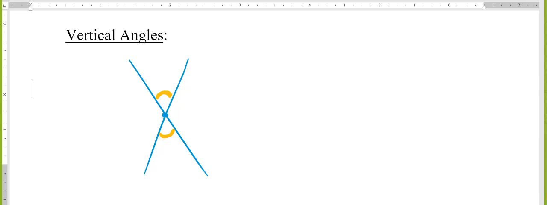There's another set of vertical angles here. If I turned my computer sideways, I would see that this is a V, and the V that goes upside down to that one is here, right? So this angle and this angle are also vertical angles. Anytime you have a pair of intersecting lines, you get two sets of vertical angles.